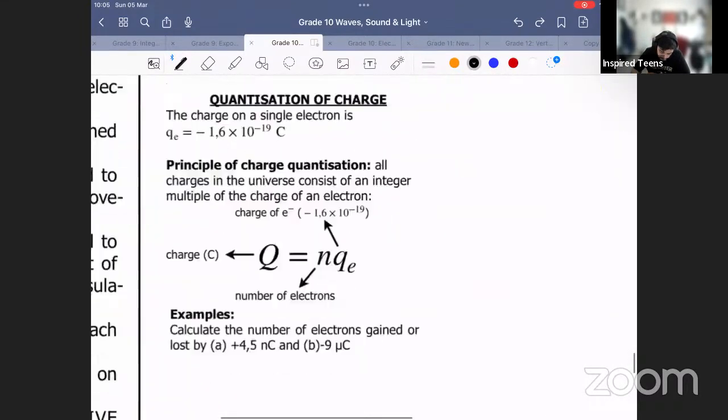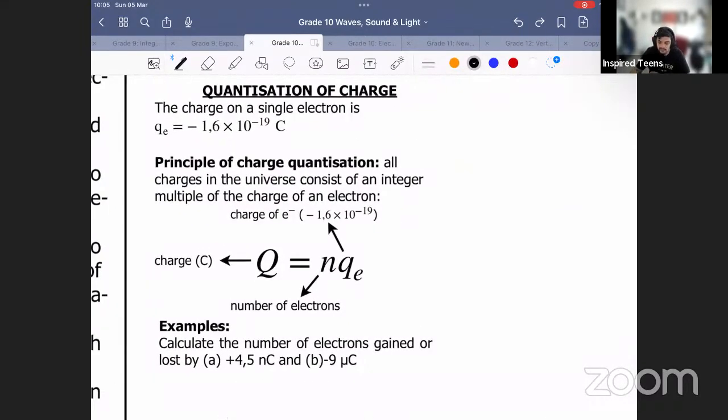Before we continue, let's look at quantization of charge. We went through quantization of charge, which is basically the formula we just went through. Let's do some examples. They say the charge on a single electron is equal to negative 1.6 times 10 to the negative 19. Oh, this is grade 10.